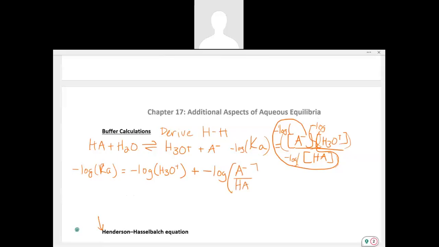For those of you that know the Henderson-Hasselbalch equation, you might already see it forming here. What we're going to have will look like this.